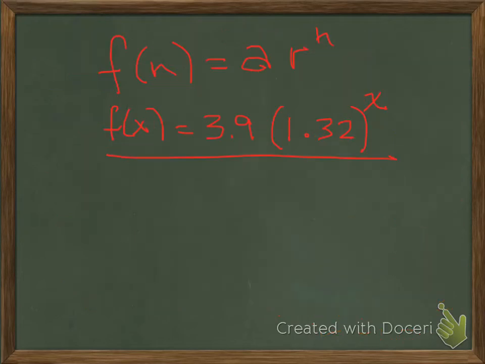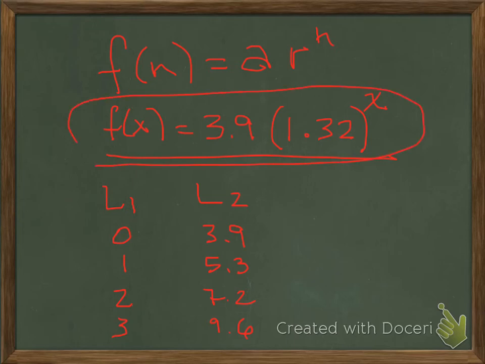So you'll have list 1 and list 2. These will be 0, 1, 2, 3, and these will be the rounded millions, like 3.9, 5.3, 7.2, 9.6, and I ran out of room, but you'll type all those in, make a scatter plot, and then type this in to the Y editor and see if that graph, that curve, matches your data.